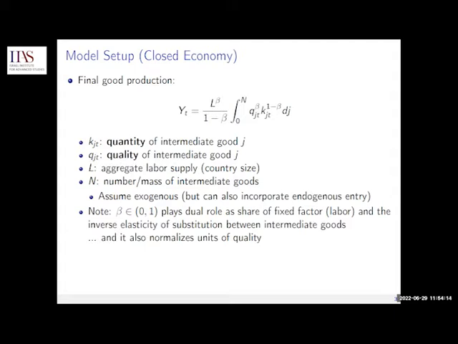It also serves as the inverse elasticity of substitution between the intermediate varieties. And on top of this, it's normalizing the units of quality. What you see here is K is the amount of the intermediate good, and Q is the quality of the intermediate goods. So it's playing all these roles. We had some versions where we had separate parameters for each.